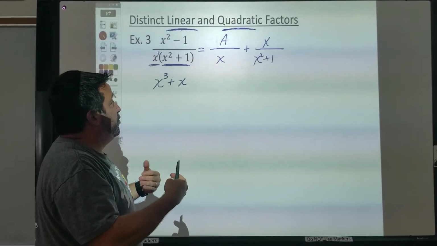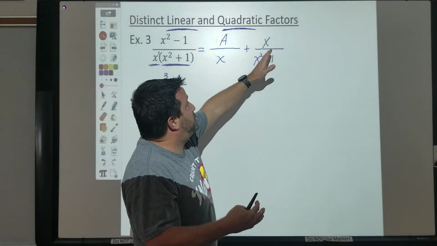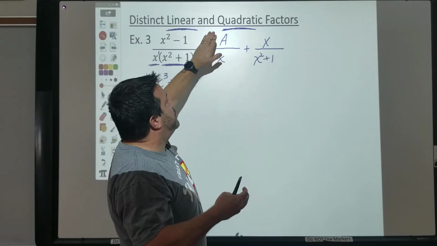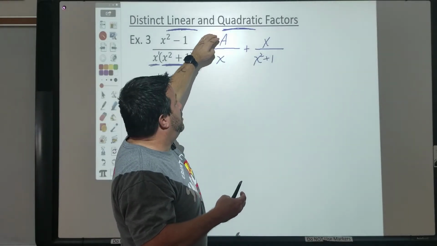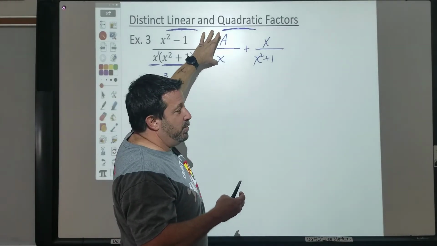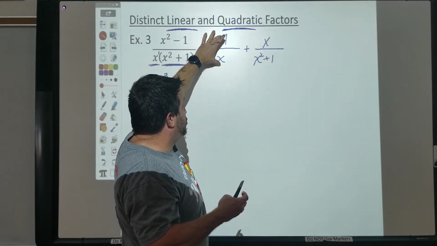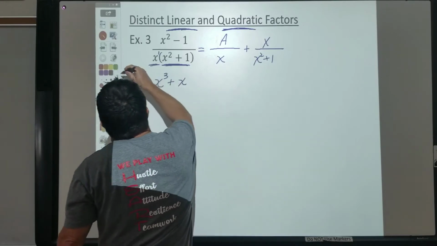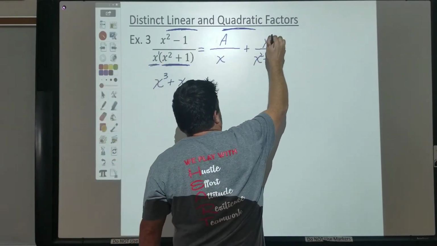So this one might have an x in the numerator, where this one, because the denominator is linear, you're not going to have a variable up on top, because then that would be an improper fraction and you'd be able to reduce it.